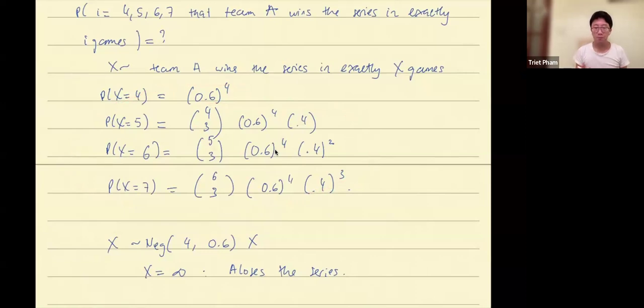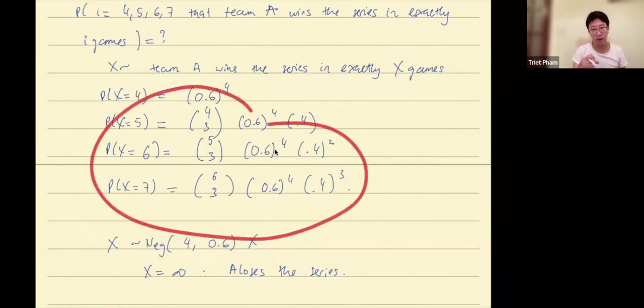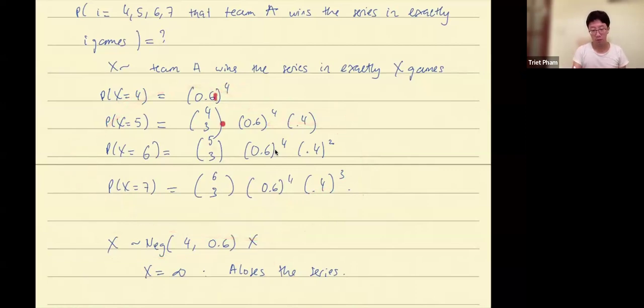So that's what I mean by don't get too carried away with models. We use the negative binomial thinking to come up with these numbers, but by itself, the way we define the random variable doesn't have to be exactly that.